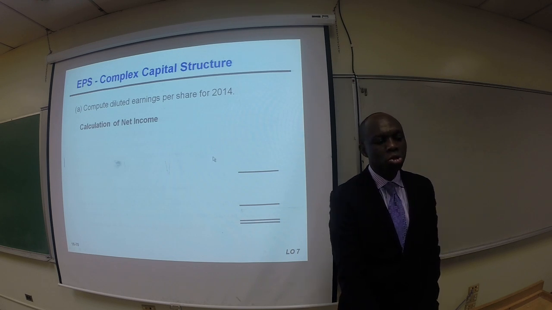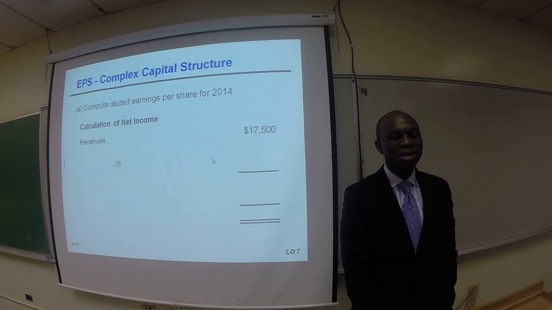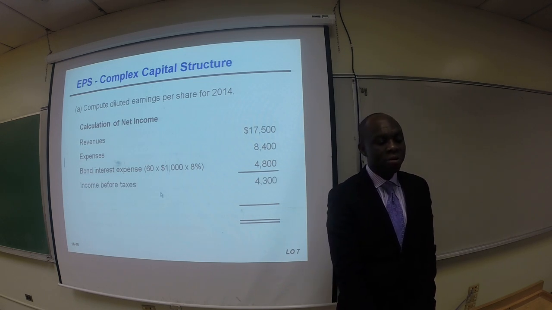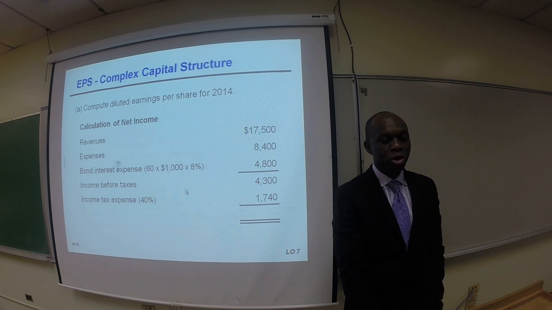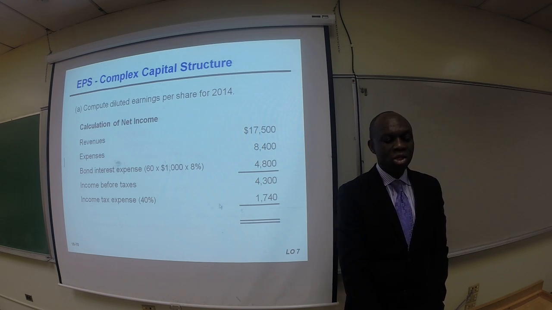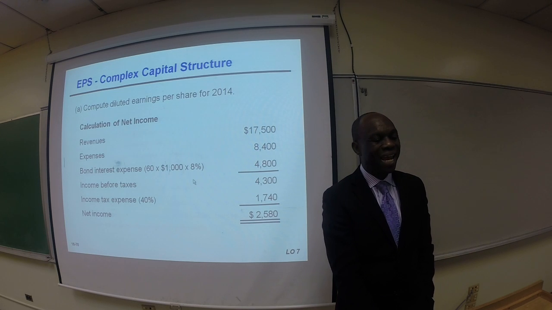The first thing we need to do is calculate the net income based on the facts. Revenue 17,500, expenses 8,400, bond interest expense 4,800. Then we have income before taxes of 4,300, 40% tax rate 1,740. So the net income is 2,580.